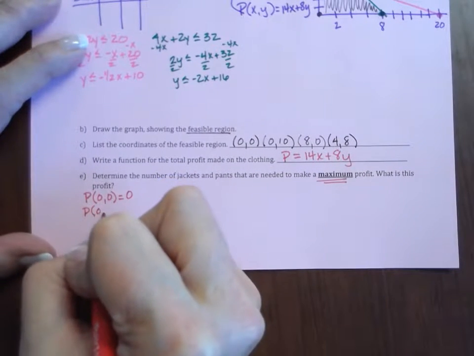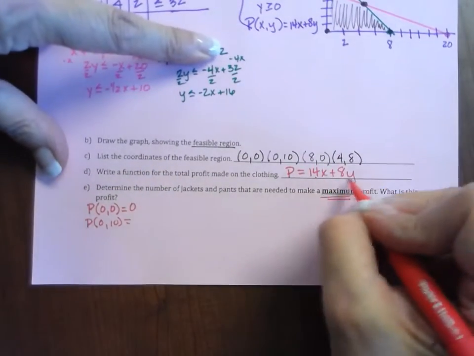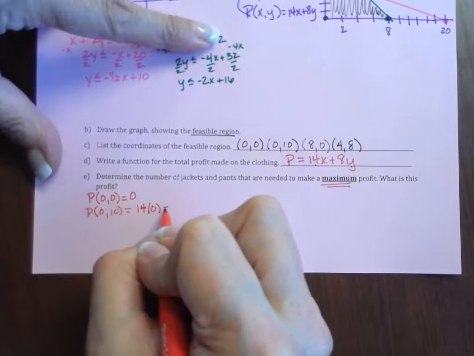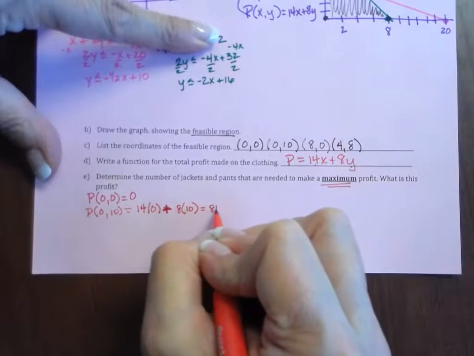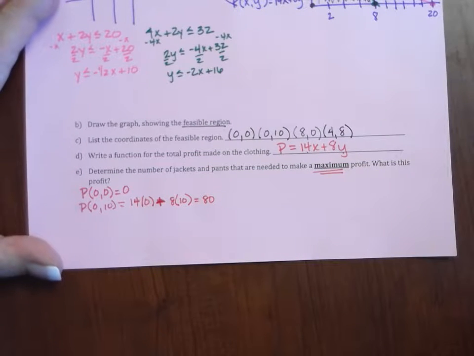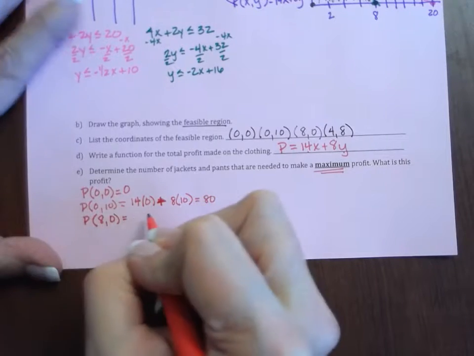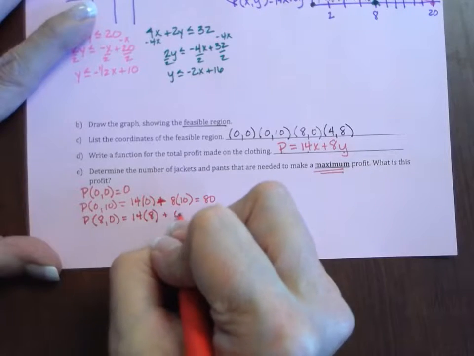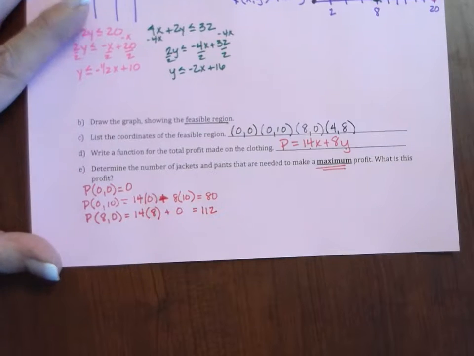So the P of 0, 10 is going to give me 14 times 0 plus 8 times 10, and that gives me 80. Now, if I do P of 8 and 0, I get 14 times 8 plus 0, which gives me 112.